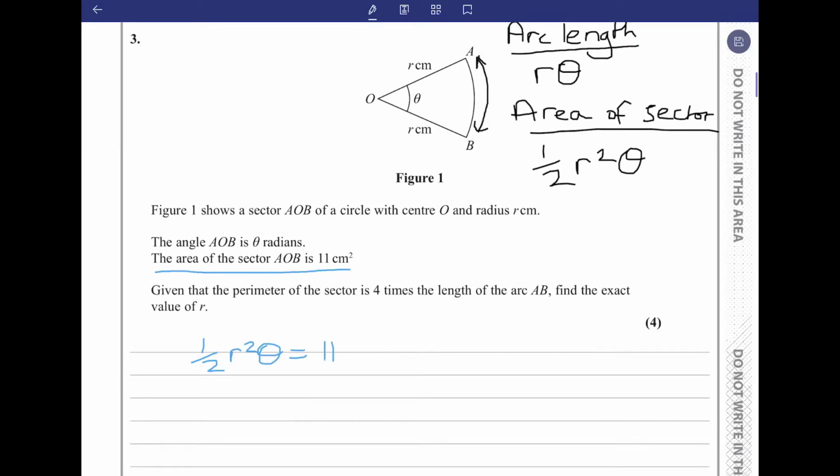Then, given that the perimeter of the sector is 4 times the length of the arc AB, the perimeter is OA, this length, plus AB plus OB. So the perimeter is 2r plus r theta. We've got 2r there, and r theta for the arc length.